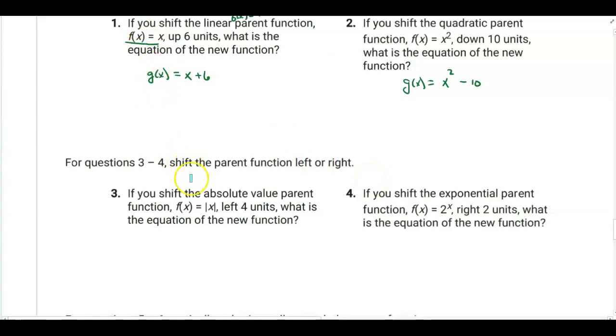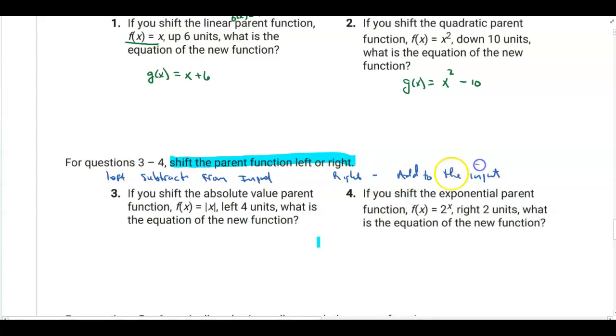Now when you shift left or right, anytime we go left, we basically subtract from the input. And anytime we go right, we add to the input.